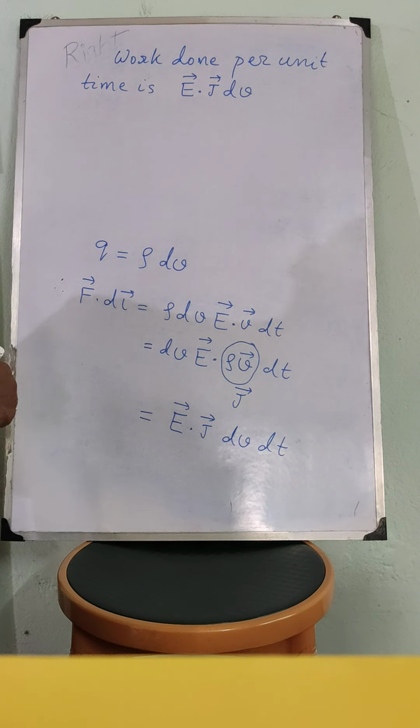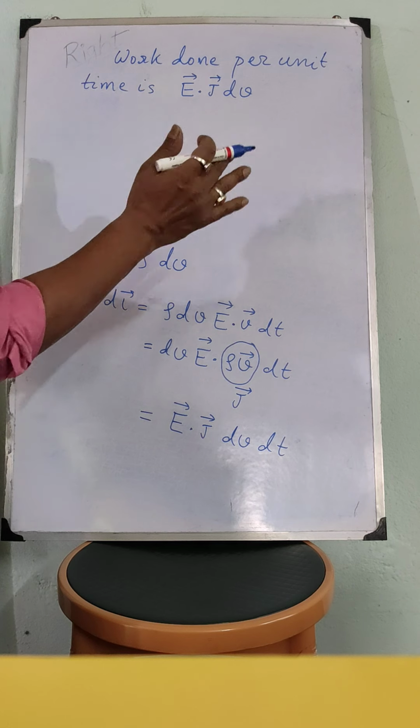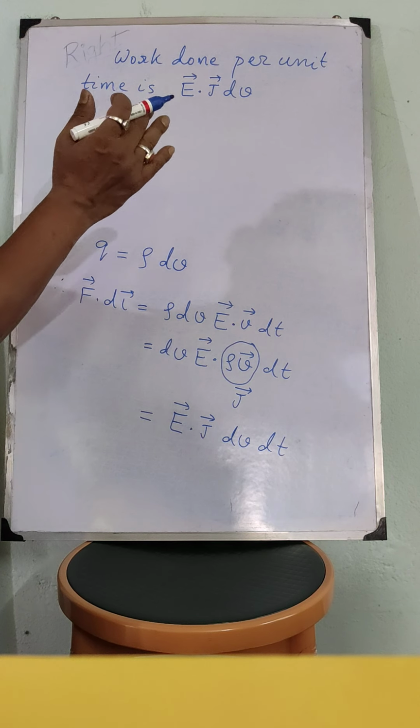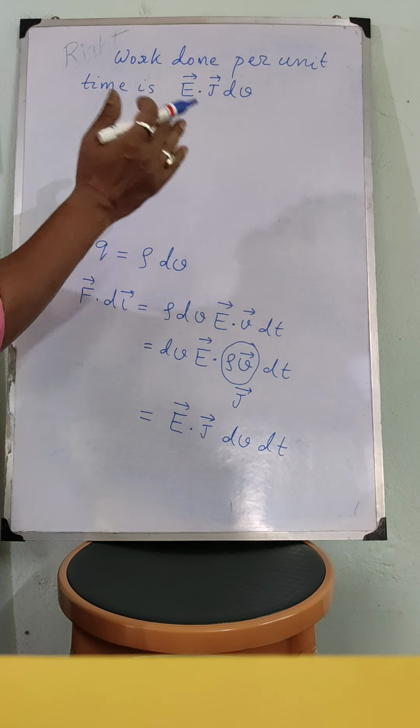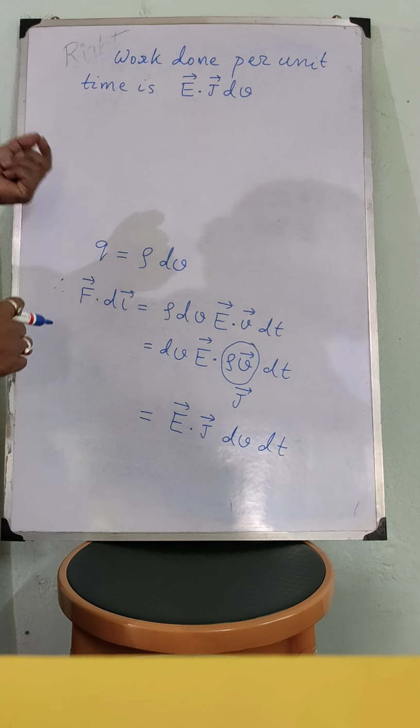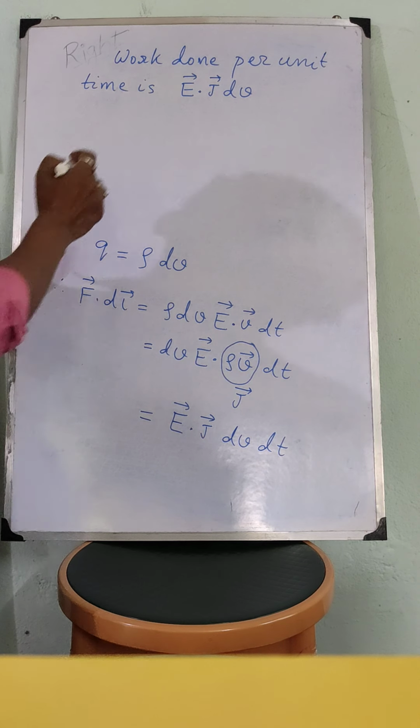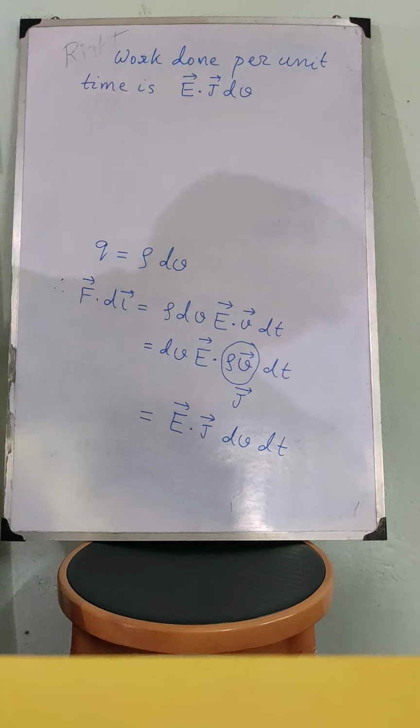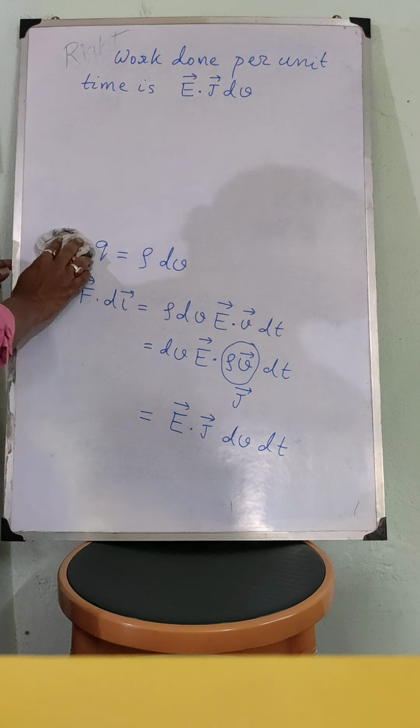So what is the net work done, meaning the total amount of work done on all the charges in unit time? That we will get by integrating this expression.